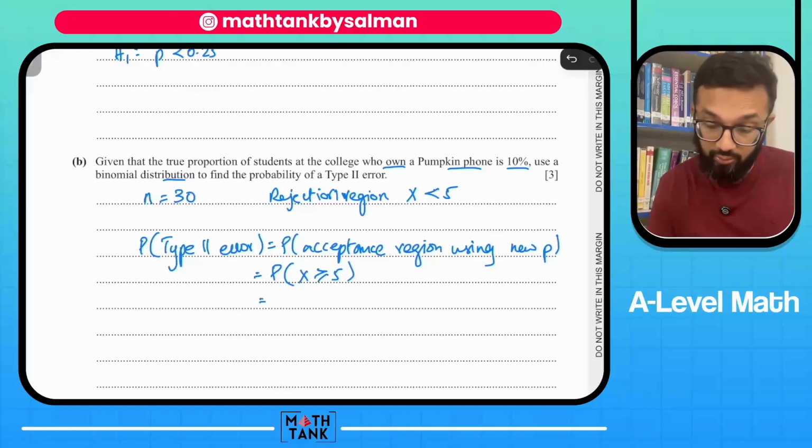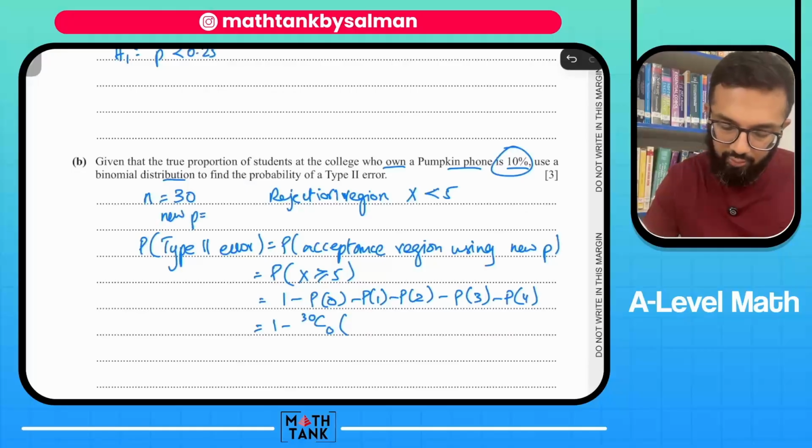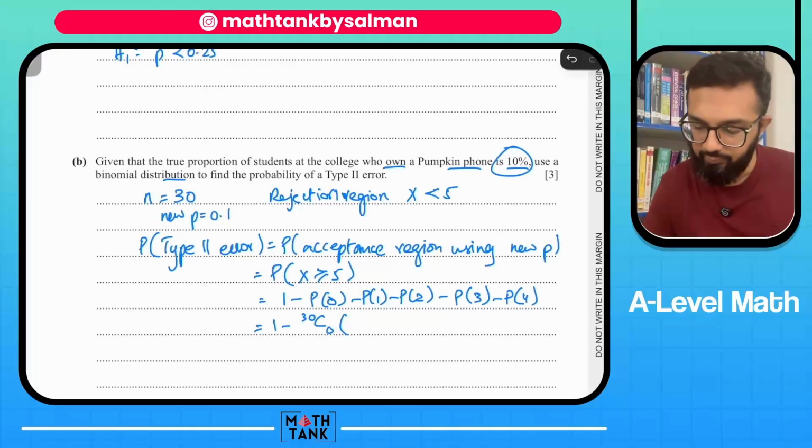Now, wrong calculation, I think. Probability of 0, 1, 2, 3, and 4. 1 minus 30C0. What is the new P? New P is 0.1, sorry. And this should be 0.9.